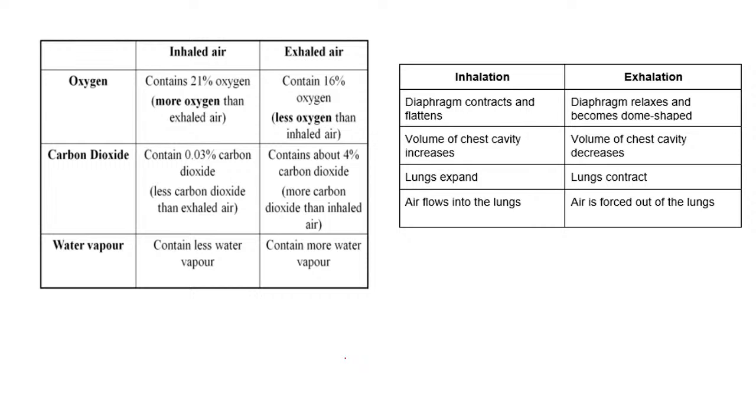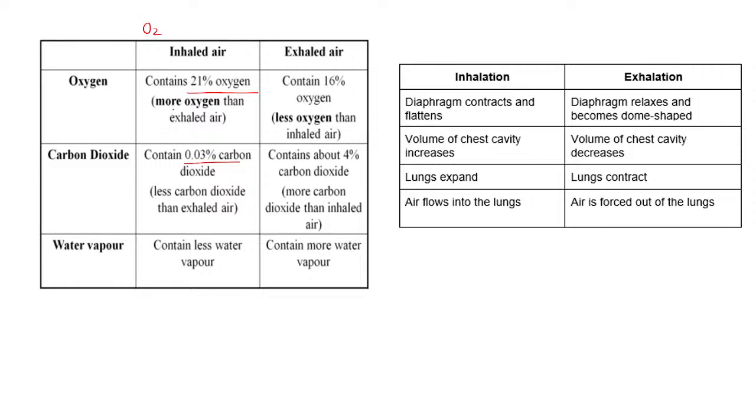Okay, let us see the percentage of air that we breathe in. The air that we inhale contains 21% oxygen and 0.03% carbon dioxide. When we talk about inhalation, it doesn't mean taking in air containing only oxygen. As we know, air is a mixture of various gases, so when we breathe in, we take in a mixture of all the gases.